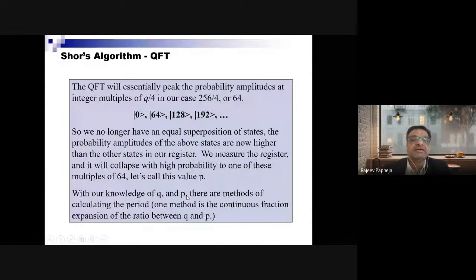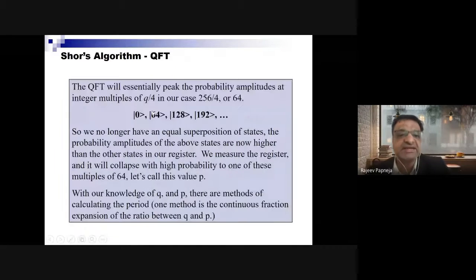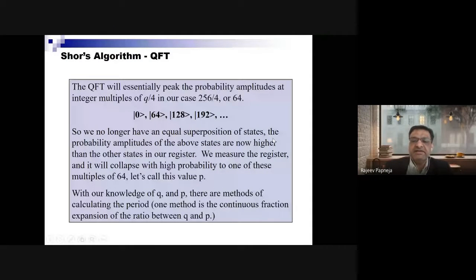And the QFT will essentially peak the probability amplitudes at integer multiples of Q by 4. So we no longer have an equal superposition of states, which we started with. We started with this equal superposition of states, 1 upon 64, 0, 1 upon 64, 4, 1 upon 64. But after doing the Fourier transformation, the states that came out were 0, 64, 128, 192. And how did that come out?